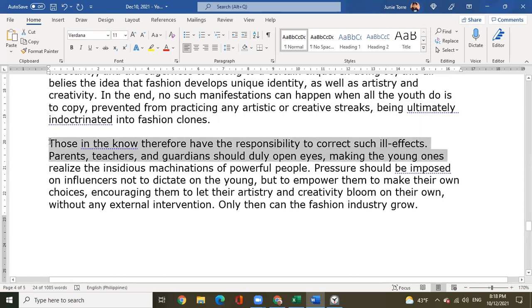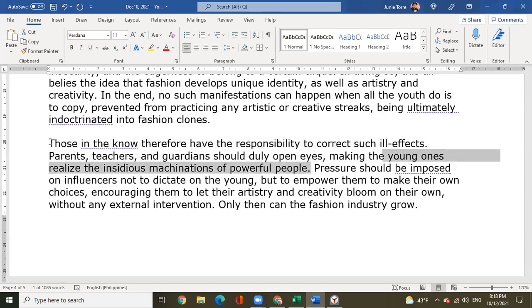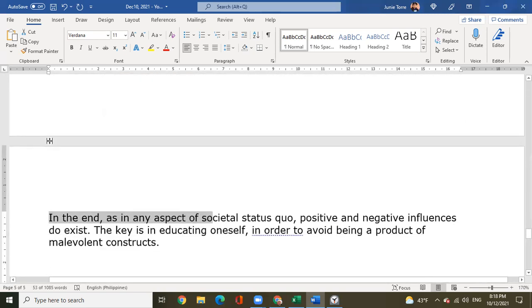Parents, teachers, and guardians should duly open eyes, making the young ones realize the insidious machinations of powerful people. I love that. I was trying to think of that phrase, and it's a good thing I remembered it. Pressure should be imposed on influence not to dictate in the young, but to empower them to make their own choices, encouraging them to let their artistry and creativity bloom on their own without any external intervention. Only then can the fashion industry grow.